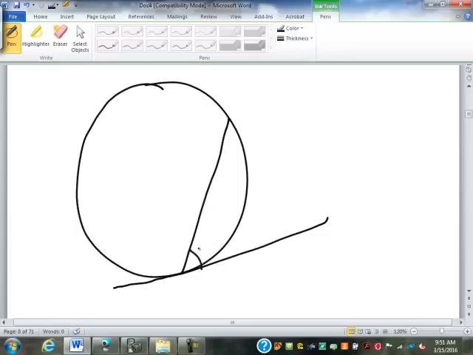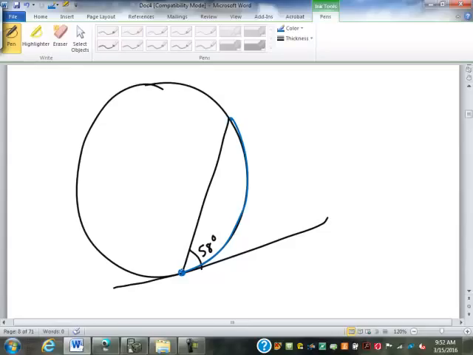Let's say that this angle here is 58 degrees. What's this arc going to be? Well, where is the vertex of this angle? It's on the circle, right?